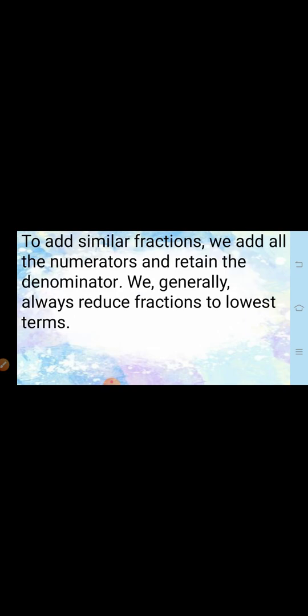To add similar fractions, we add all the numerators and retain the denominators. As I said a while ago, the numerator is the number on top. For example, 1/2: 2 is the denominator and 1 is the numerator. We generally always reduce fractions to lowest terms. So if our answer can still be reduced into lowest terms, we have to reduce it.